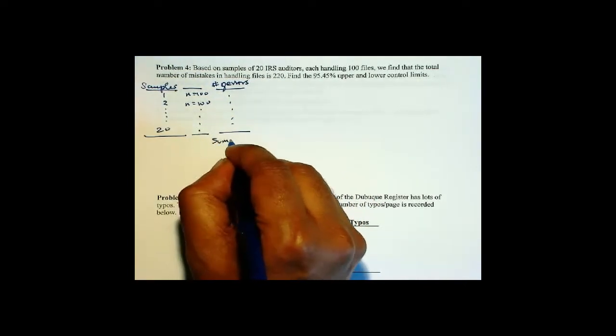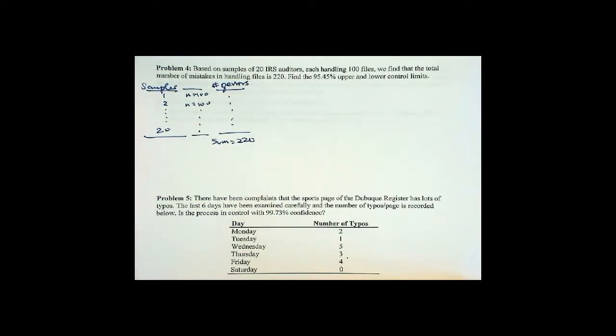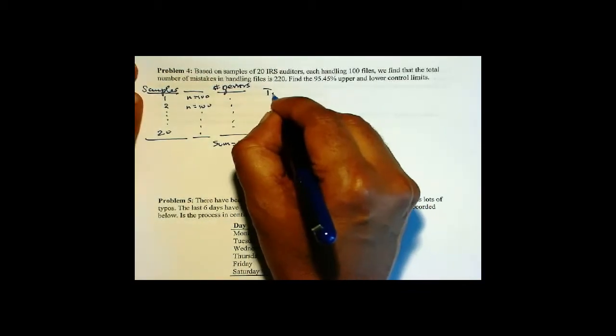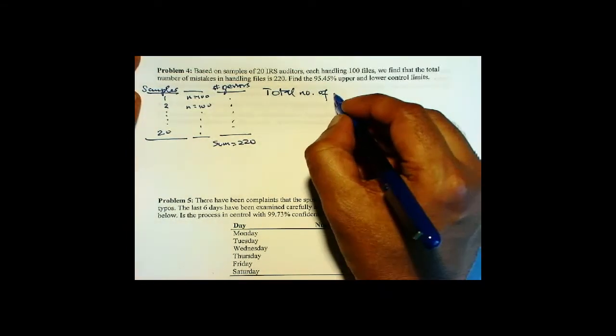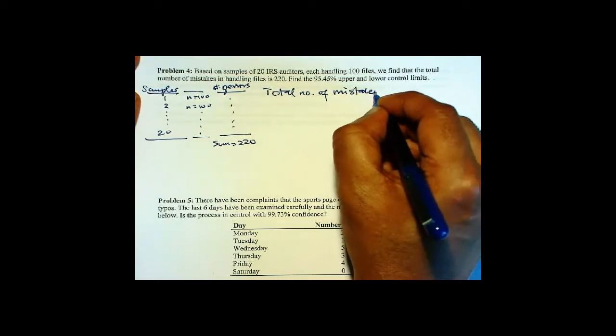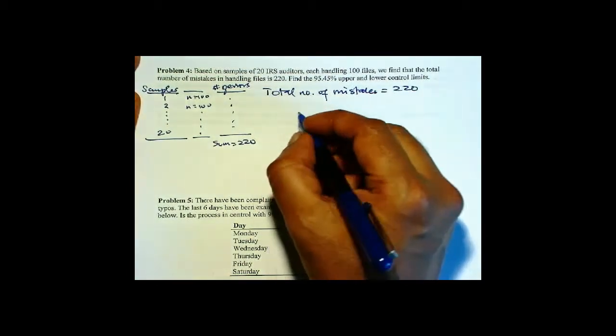So we do not have the individual values of the proportion. Here the total number of mistakes is 220. Sample size n is 100.